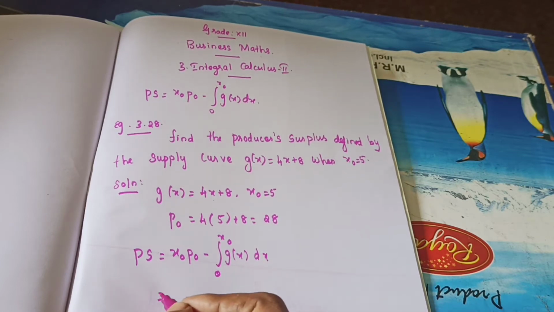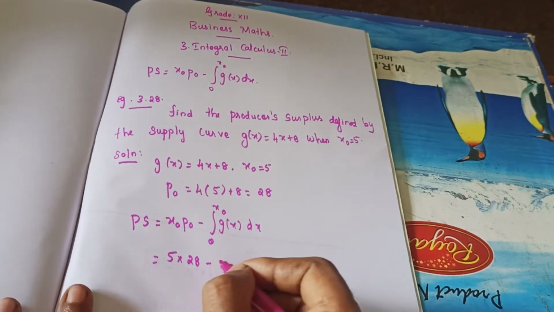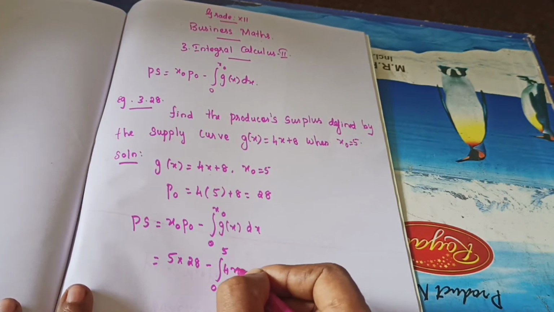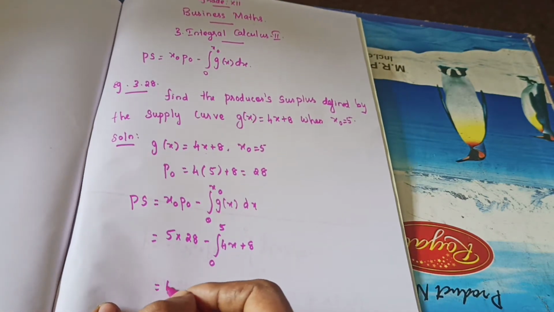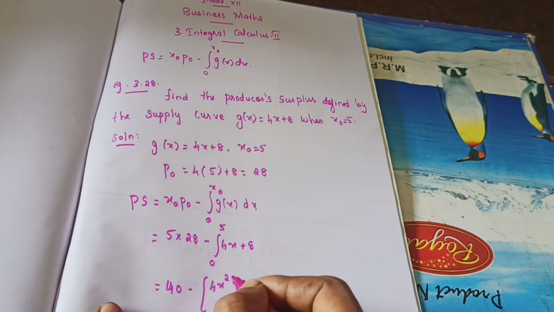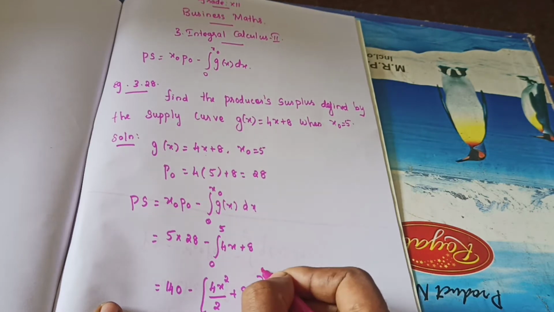Substitute: 5 into 28 minus the integral from 0 to 5 of 4x plus 8. Integrated: 5 into 28 is 140 minus 4x square by 2 plus 8x, from 0 to 5.